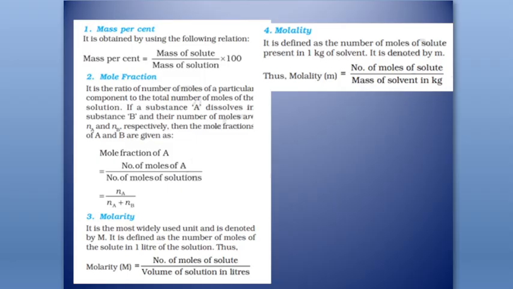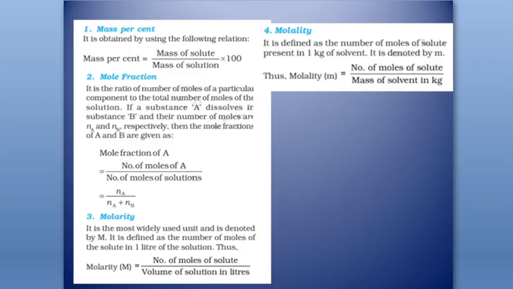Molarity, it is most widely used, and the unit is denoted in M. It is defined as the number of moles of solute in 1 liter solution, that is how many moles of solute are present in 1 liter solution or 1000 ml solution or 1000 cc solution.